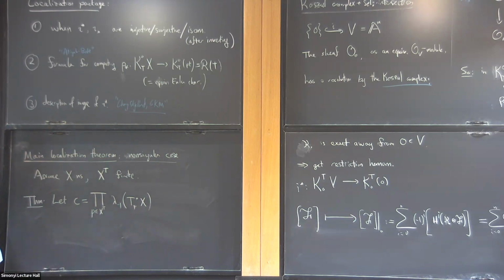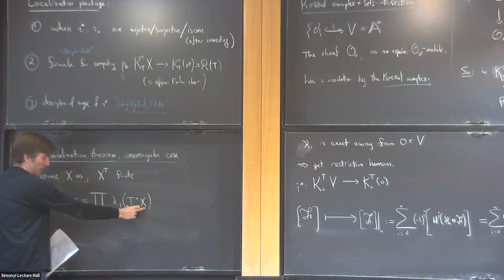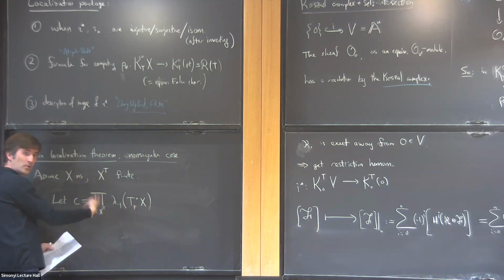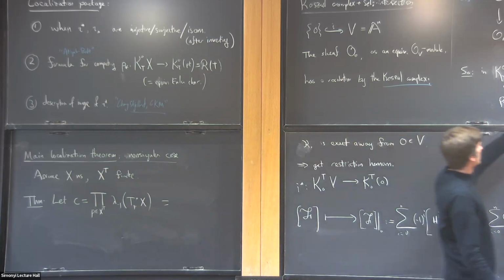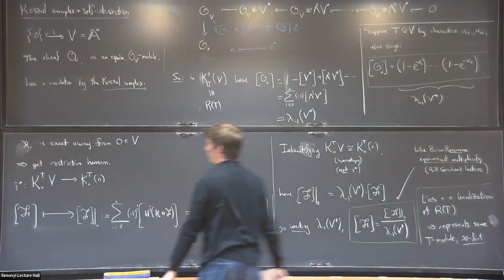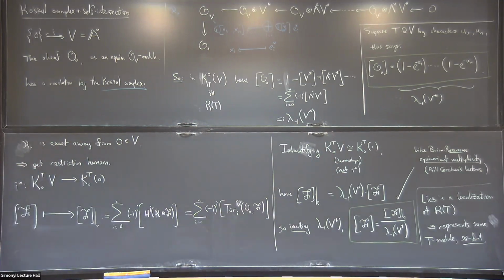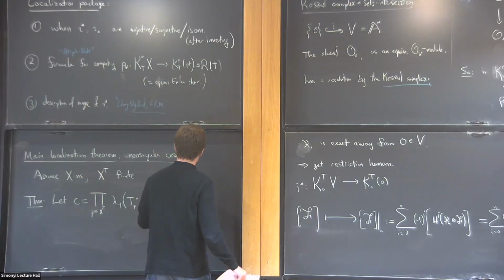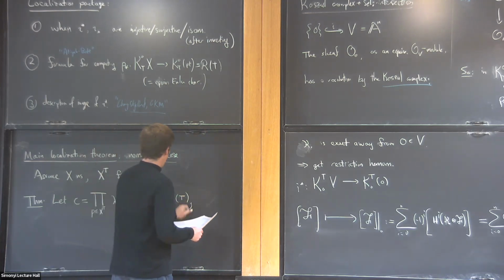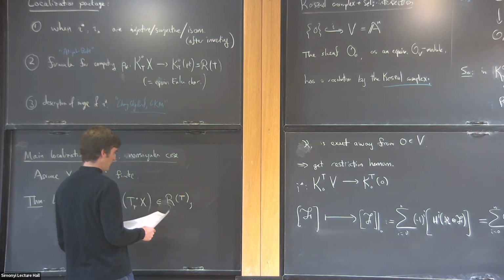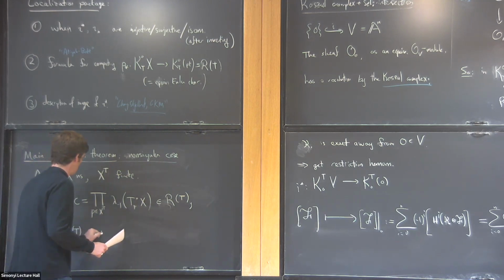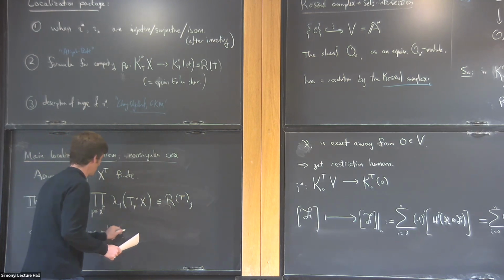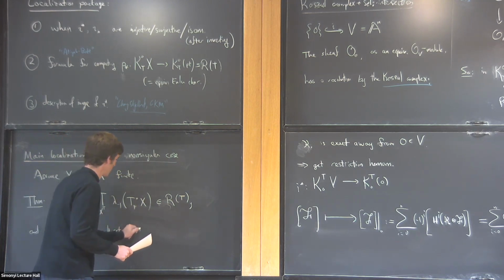At each fixed point, I have a cotangent space and it has some T action because it's a fixed point. And so locally each one of those looks something like this. This is something that lives in the representation ring. Let's take any multiplicative set containing this element that I've chosen.